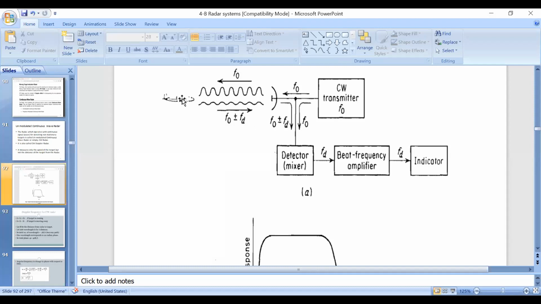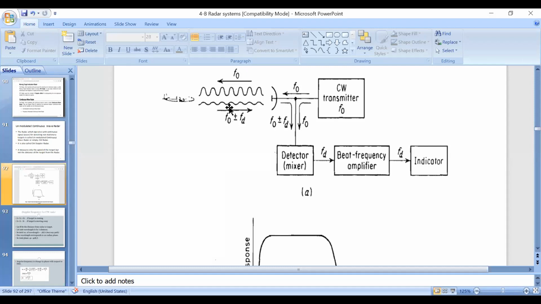Whenever the aeroplane is moving towards the radar system, we consider it as f naught plus fd, and whenever it is moving away from the radar system, we consider that as f naught minus fd, right? So if we assume the aeroplane is moving towards the radar system, then the shift of this frequency is f naught to f naught plus fd, right?